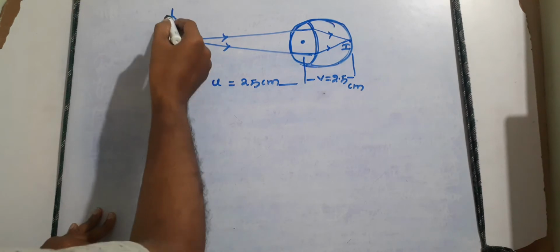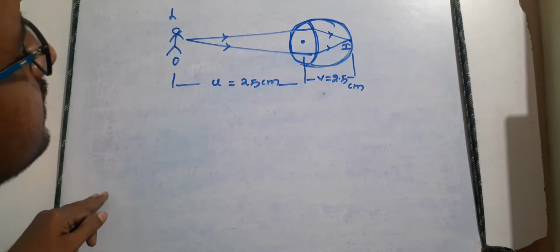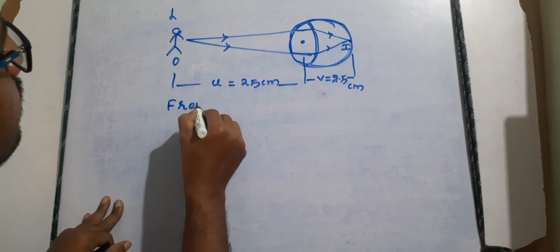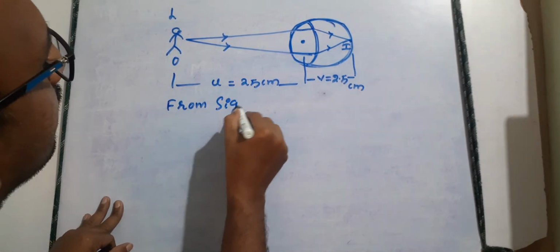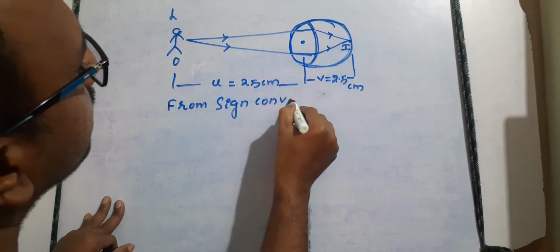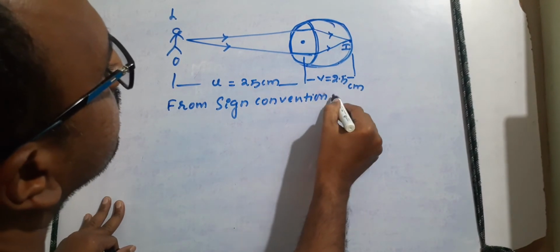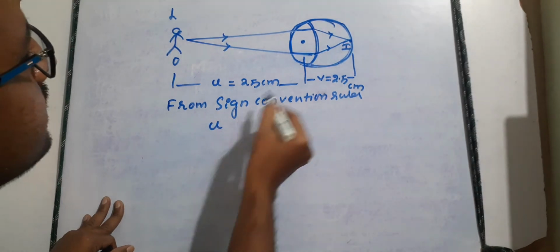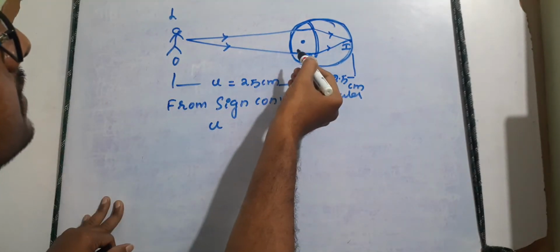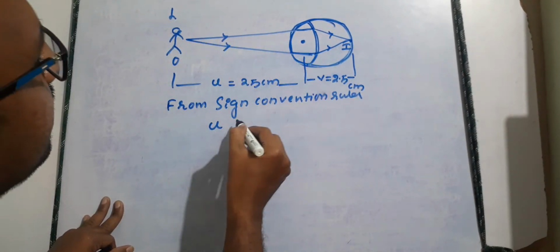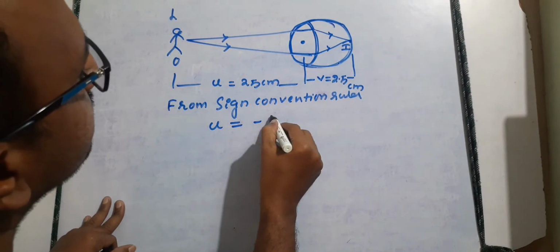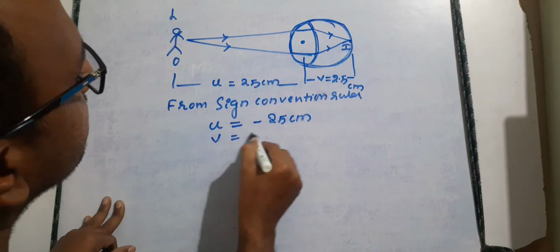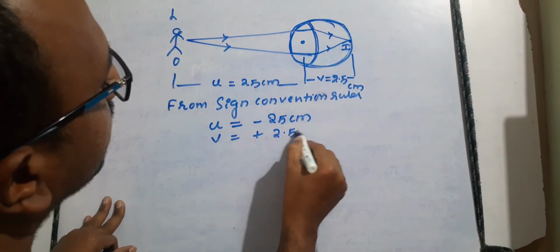Because the object is placed at the least distance of distinct vision, from sign convention rules, the object distance is on the left side of the lens and opposite to the incident rays, that's why we take u equals minus 25 centimeter, and image distance v is plus 2.5 centimeter.